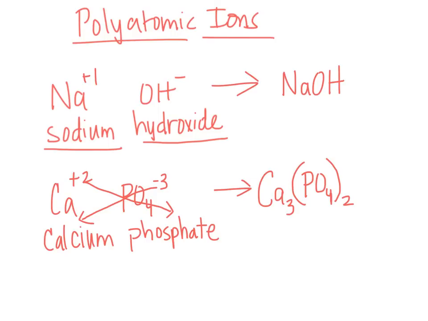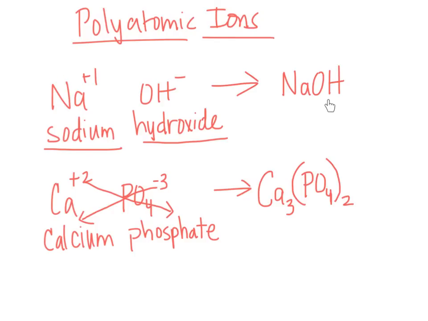We are treating this whole polyatomic ion as one unit, and we're saying that we want 2 of those. That's why we use parentheses around the whole thing, and then the number goes on the outside.